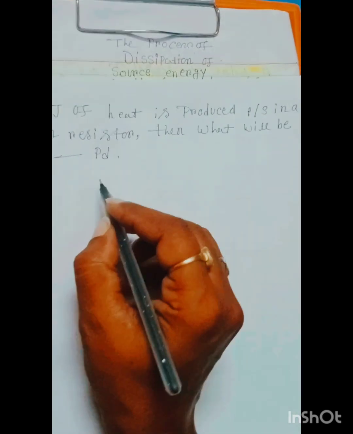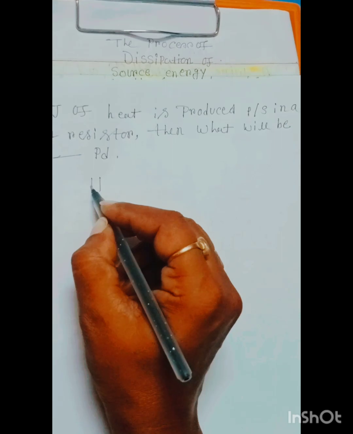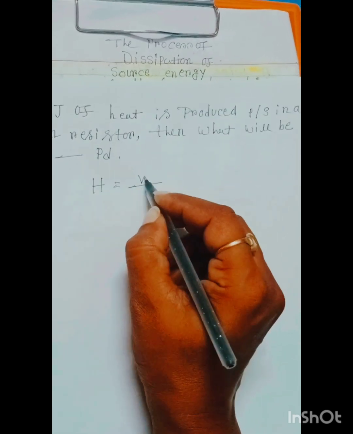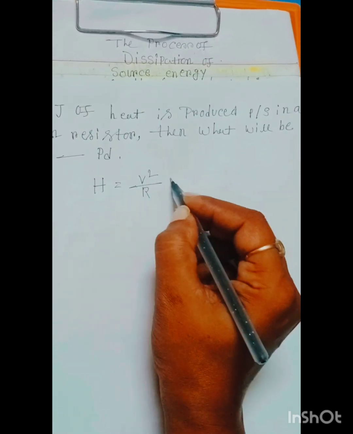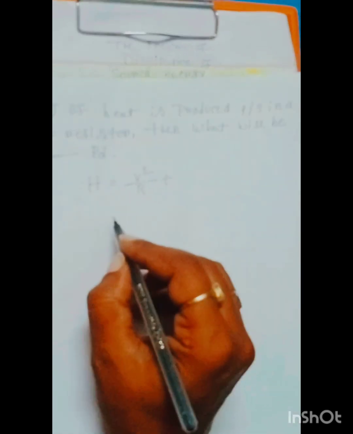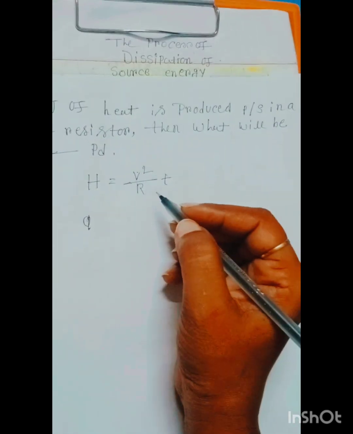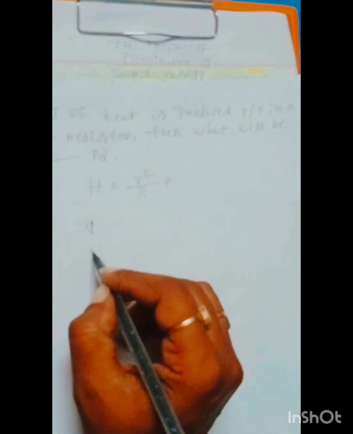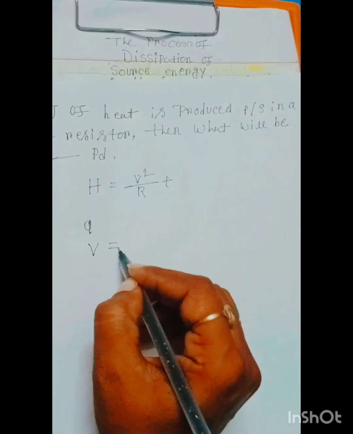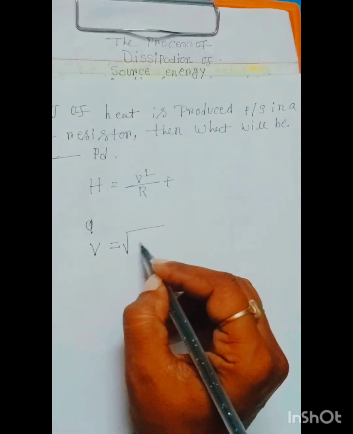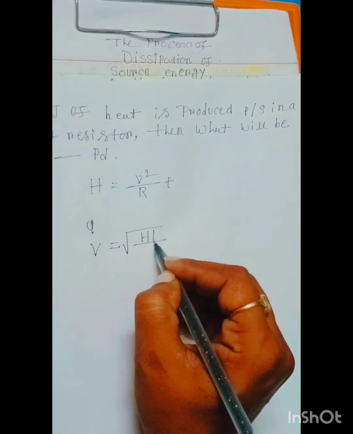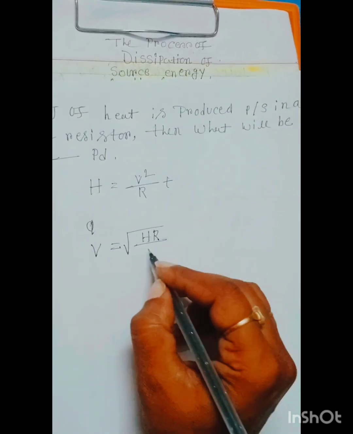So students, simply apply the formula H equal to V square by R t. Here we have to find out the potential difference V. So V will be equal to root over H into R by t.